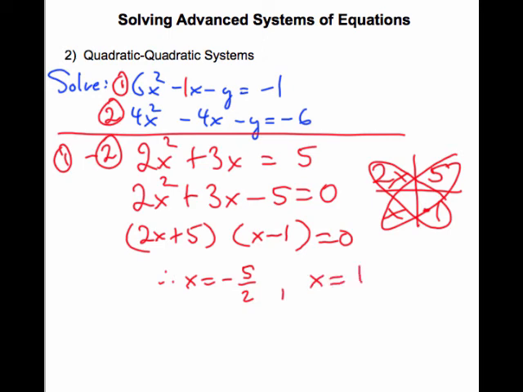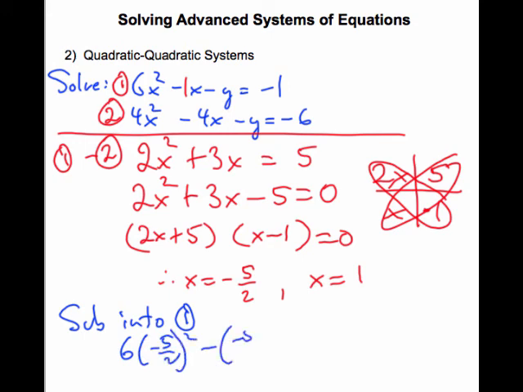Alright, so now we want to get the y coordinates that go with those. So let's substitute those values into one of the first two equations. We were using both of them together when we subtracted them, so it doesn't really matter which equation you pick. I'm going to go with number 1. The numbers look a little bit smaller overall. And so I have 6 times negative 5 over 2 squared minus negative 5 over 2 minus y equals negative 1.